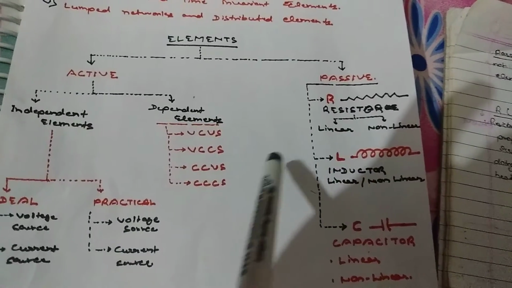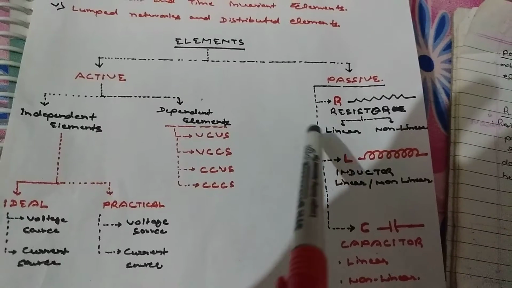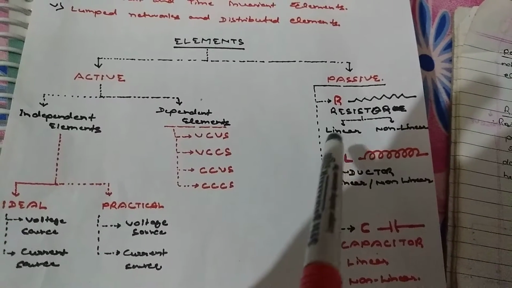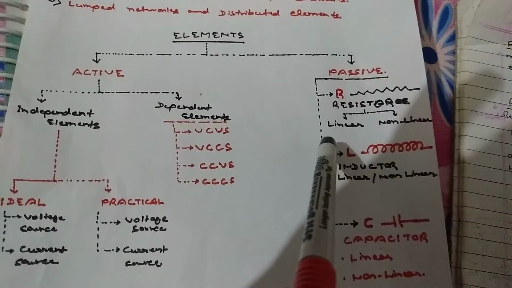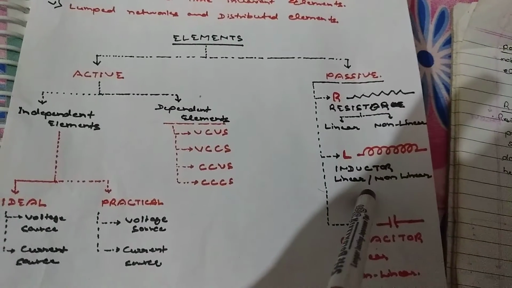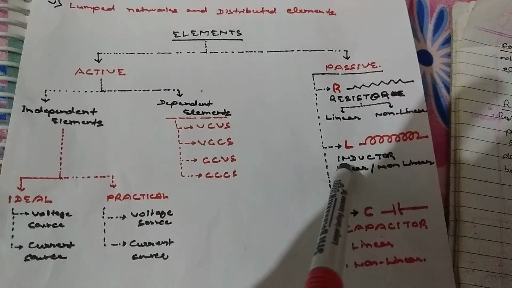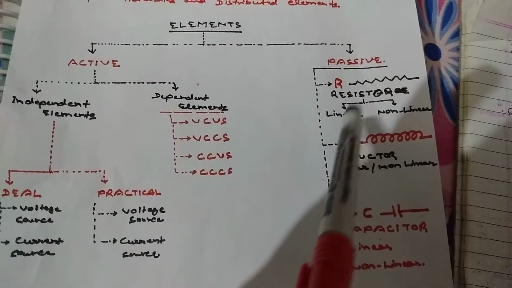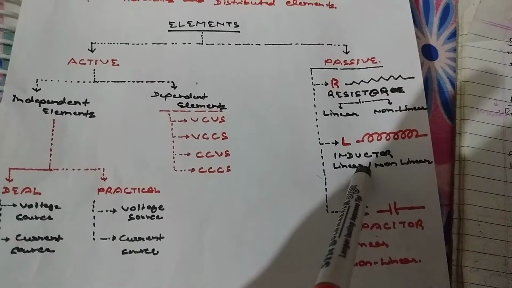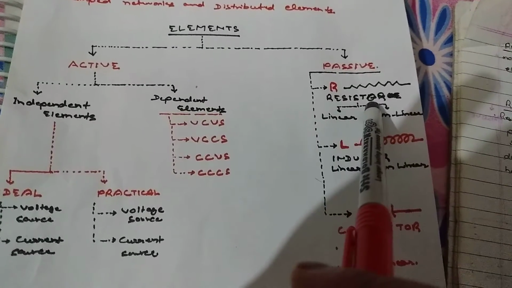Passive elements. Passive elements are those which either absorb energy or store energy. Absorbs the energy or dissipates the energy. Okay, the first one we have is R. R represents the resistor.